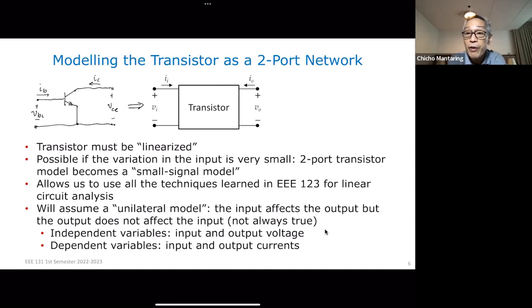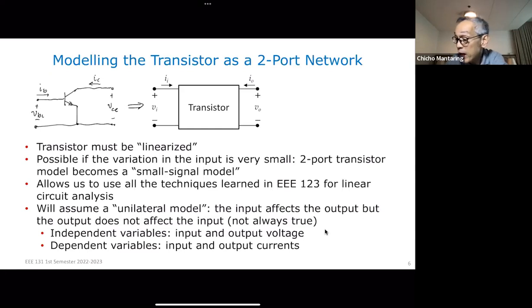Is that valid for a transistor? Can we say that we are dealing with a small signal model? Fortunately, yes, because particularly for a BJT transistor, your gains are very high, and therefore the input signal is usually quite small. If you recall, for example, the homework that I gave, you're dealing with input changes in the millivolts, and you get large changes in your output, but your input changes are only in the millivolt. So yes, it is valid. That is a valid condition for your BJT.